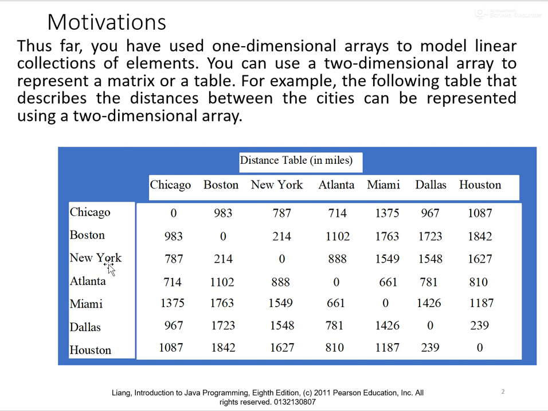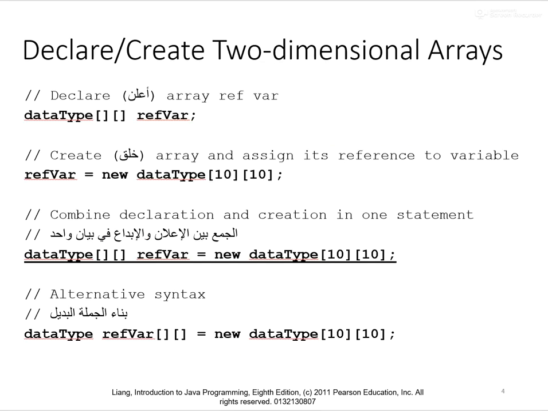That would be one way, but a better way would be a single data structure that could contain all of this information, kind of like the way we are seeing it over here. And of course, there's a way we can use something called a two-dimensional array. That's what we'll spend much of our time on today.